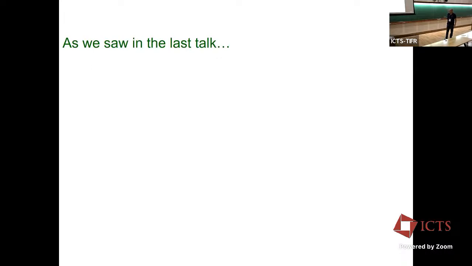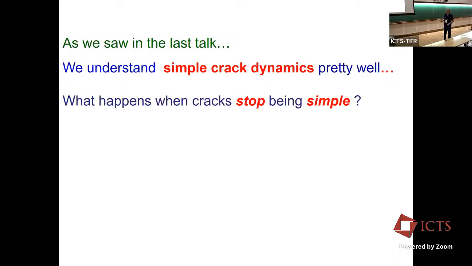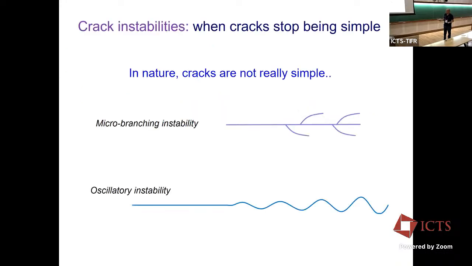Now, in the last talk, we saw that we understood simple cracks that don't become unstable pretty well. So we're going to look at what happens when cracks stop being simple. And the instabilities that I'll be talking about are, this is a cartoon version, of course, the microbranching instabilities, where you can see that the main crack runs along and it develops these microscopic side branches that propagate, but they die.